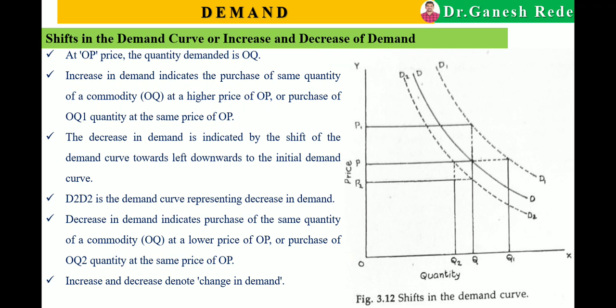This is most important. Always keep in mind, extension and contraction means movement along the demand curve that happens because of change in price. On the other hand, a shift in the demand curve, meaning increase and decrease in demand, happens because of change in other factors of demand.